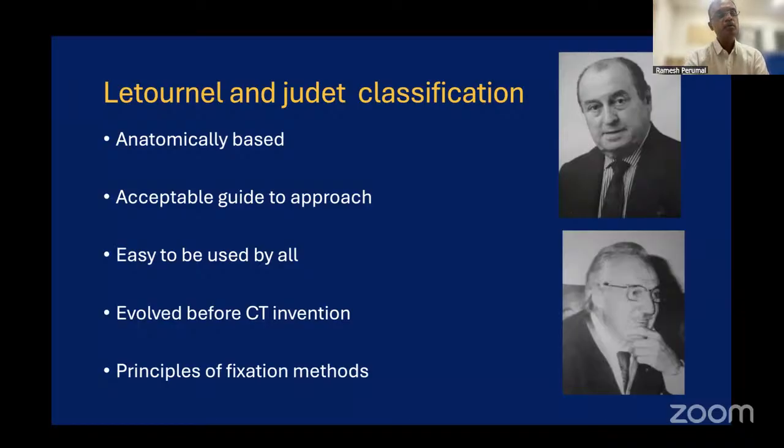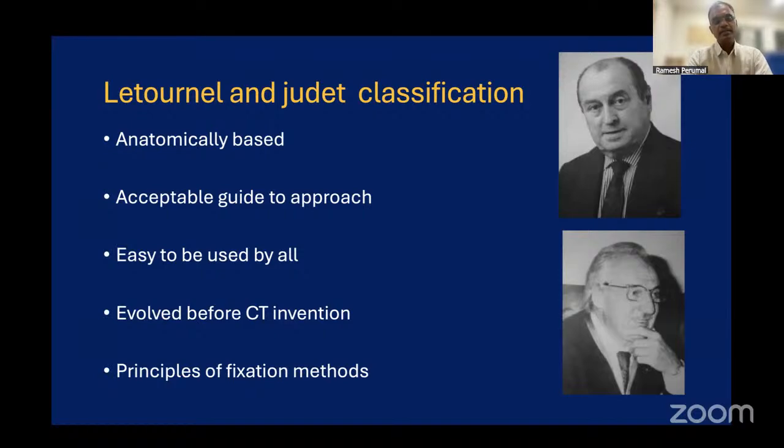Now let me move on to the Letournel and Judet classification. Letournel joined Robert Judet in 1965, and all of Robert Judet's work was compiled, and then Letournel came out with this classification of acetabular fractures, and all of this has been described in their book. The essence of the classification is that it is anatomically based.